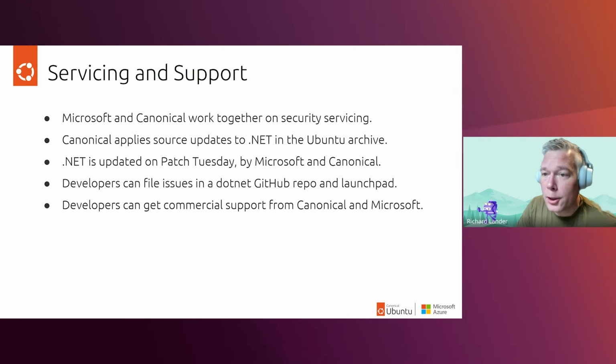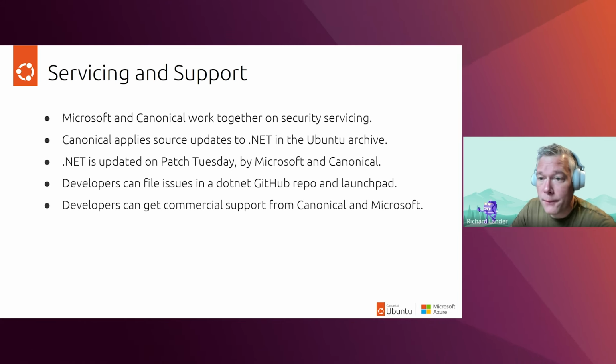I wanted to talk a little bit about servicing and support. Microsoft and Canonical work together on security servicing. Everyone wants to keep their machines safe and their users safe. And so Canonical has access to security patches before they're delivered to the public, which gives Canonical the opportunity to apply those source updates to .NET in the Ubuntu archive.